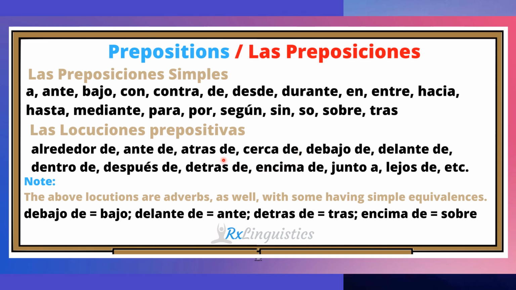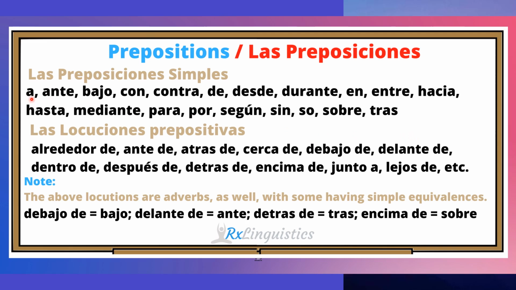Some you can find in a simpler form here on top, but others you are almost compelled to use as a group of words. They are called prepositional locutions. In Spanish, las locuciones prepositivas.